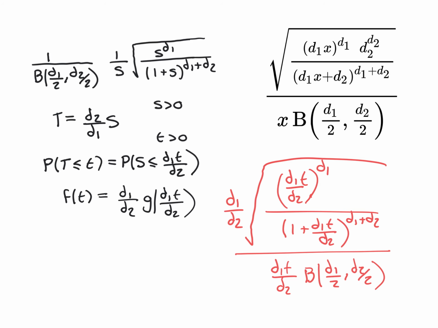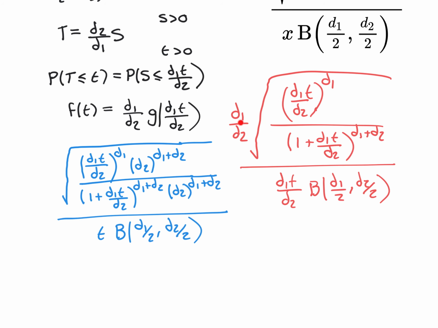We'll do that in the next step. As I say, this bit here and this bit here cancel immediately, so we just end up with t times our beta value here in the denominator, and then we've got the square root of this, and I've multiplied top and bottom by d2 to the power of d1 plus d2, so that doesn't change the fraction that I've got here. The reason I've done that is because that's going to be the thing that cancels.